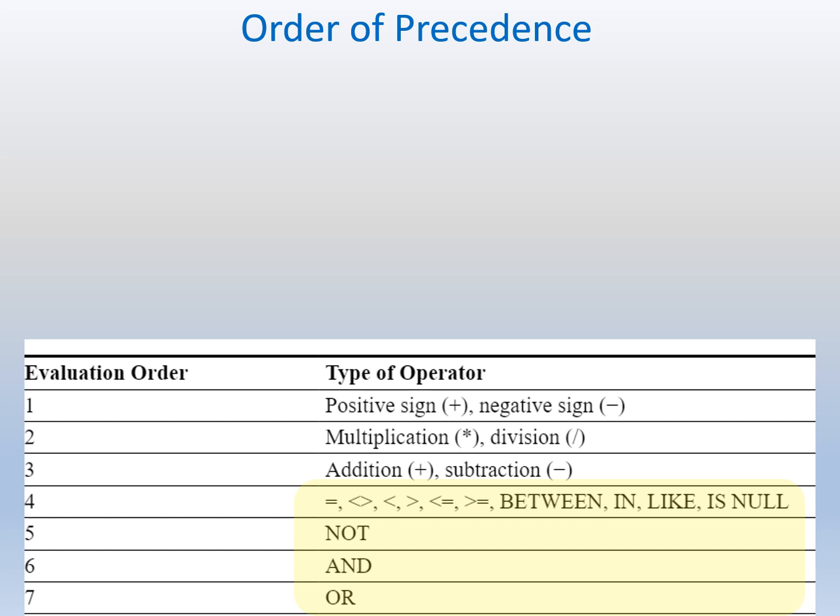Notice at line 4, the comparison operators and the word between, the keyword in, the keyword like, the keywords is null are evaluated before the keyword not, and finally or. The evaluation order is, starting at line 4, the comparison operators, the not operator, the logical and operator, the logical or operator.